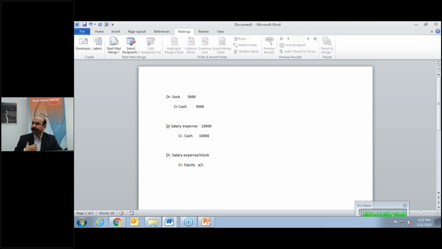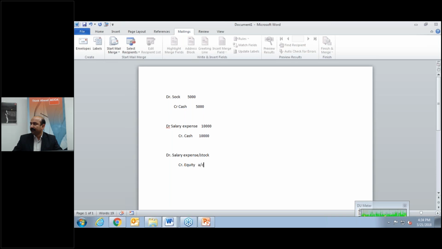Like in the first two examples, it's very simple. We know stock worth 5,000, salary expense 10,000. Here, when we talk about salary expense or stock, it has got worth, but the standard has given some guidelines in this regard.